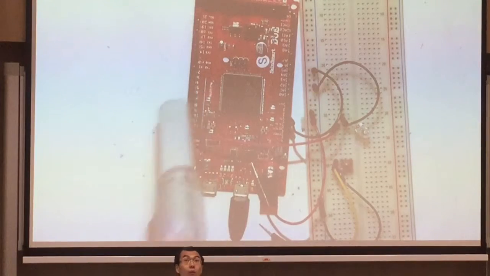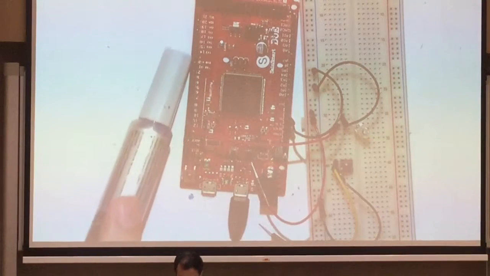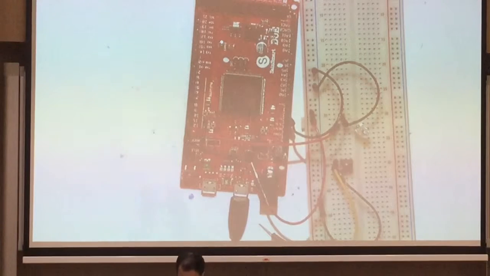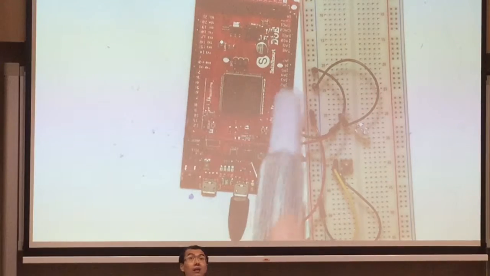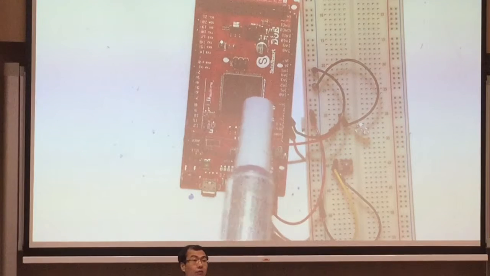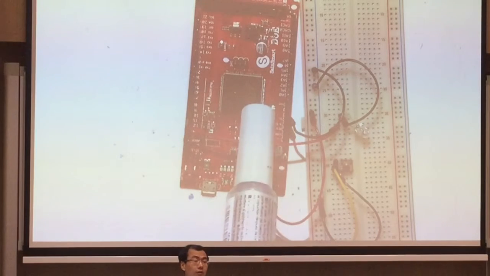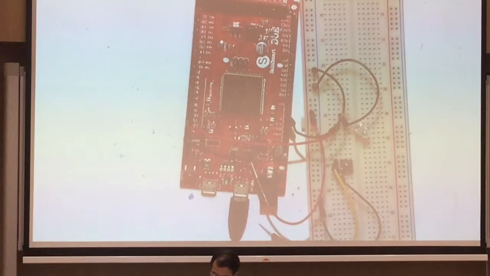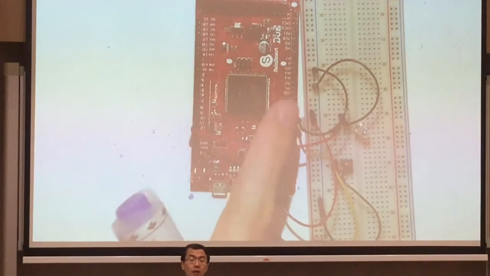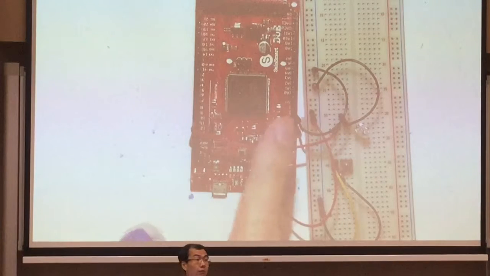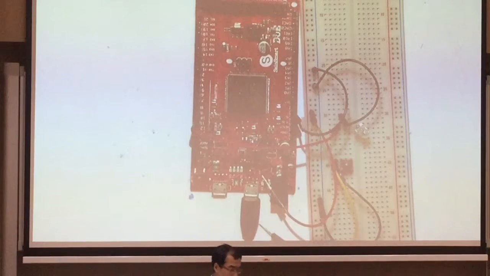Here, 1, 2, 3, 4, 5, basically it's the digital I/O. And here you can see A1, A2, A3, A4; that's the analog I/O. So you can use these pins to feed in your analog inputs and produce your analog outputs.